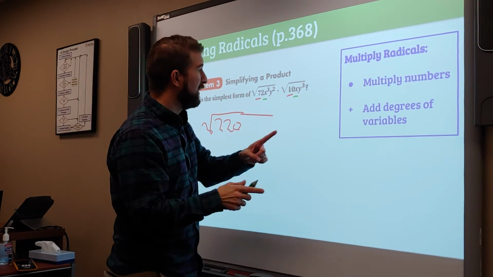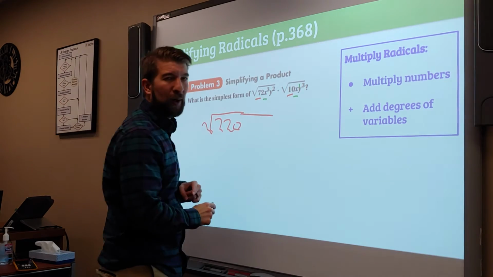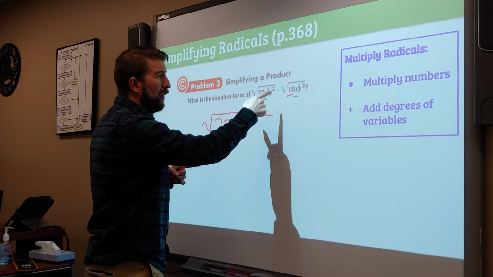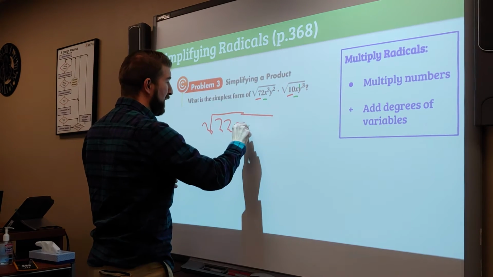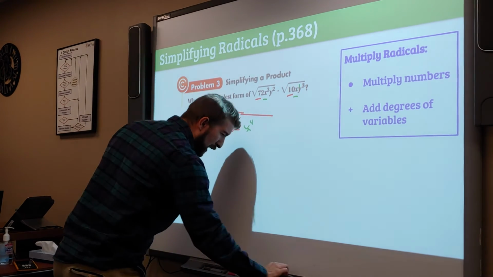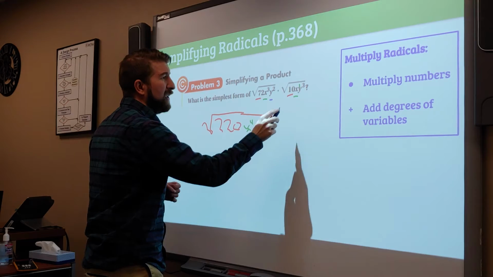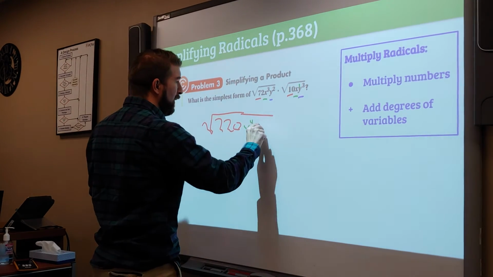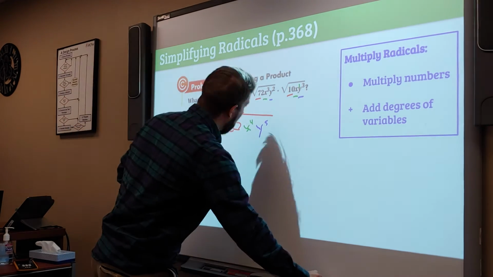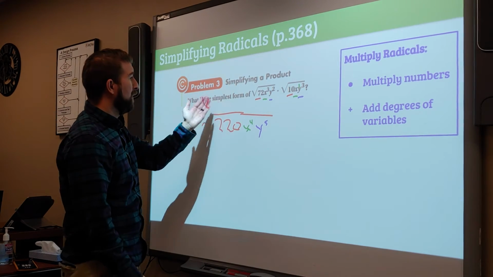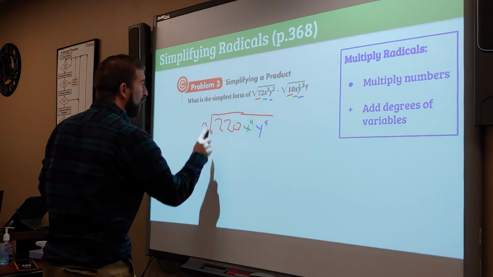I'm going to add the degrees, so this is like a little invisible 1 right there. So x cubed, or x to the 3rd degree, x to the 1st becomes x to the 4th. And then I have y squared, y cubed, that becomes y to the 5th. Just like that.